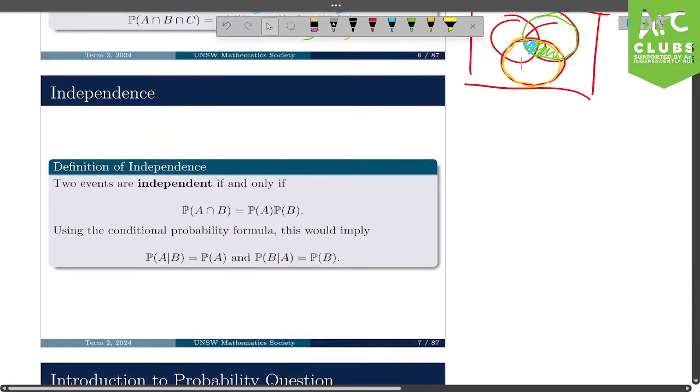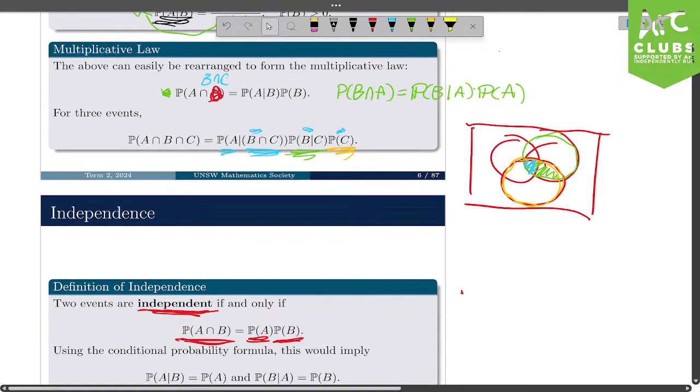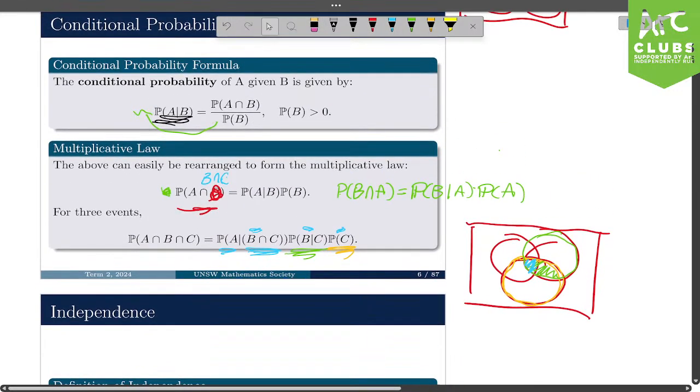Cool. So 2 events are independent. We have this definition of independence, which is that 2 events are independent if the probability of the intersection is equal to the multiplied probabilities. Well, we just had this formula.